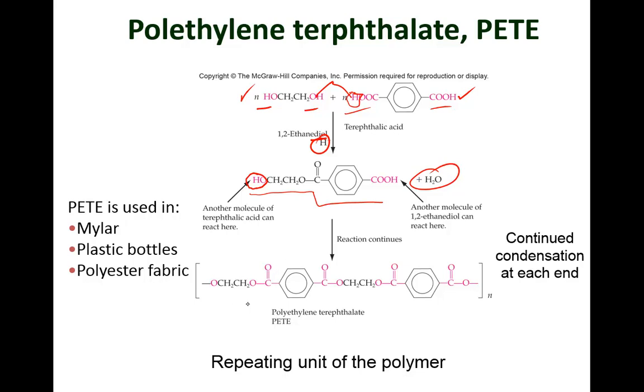So you see this keeps forming where the hydrogen OH comes off here, and we get a carbon double bonded to oxygen. So what we see here is that OH group coming off, all right, and an H coming off the alcohol, and so we see this repeating unit here.